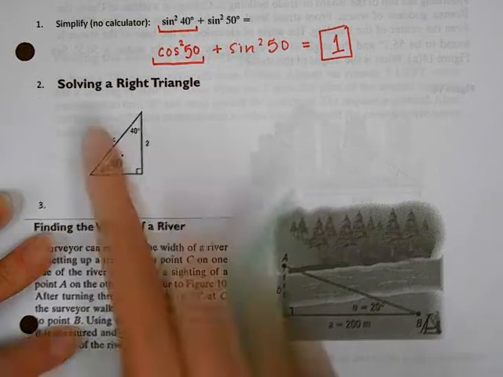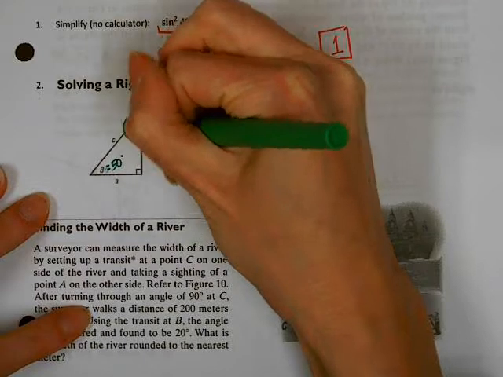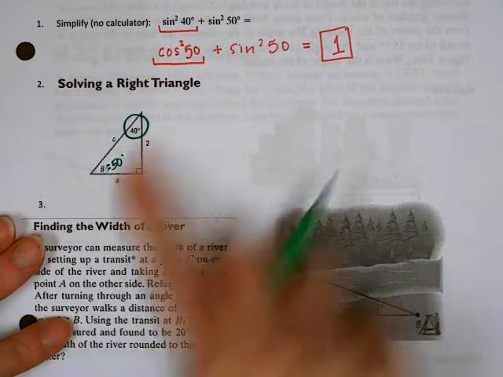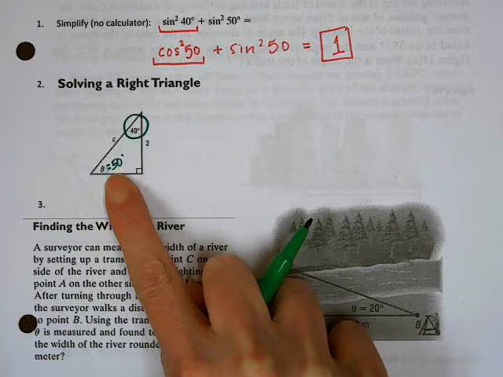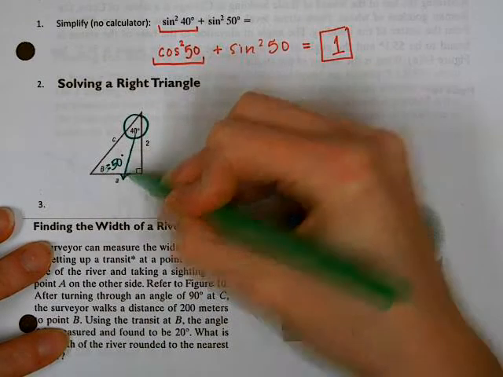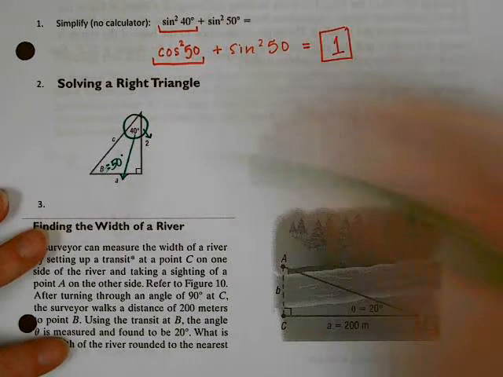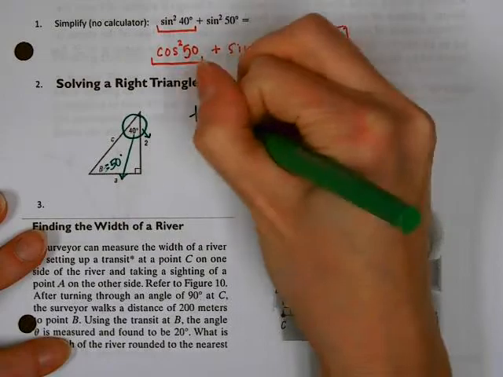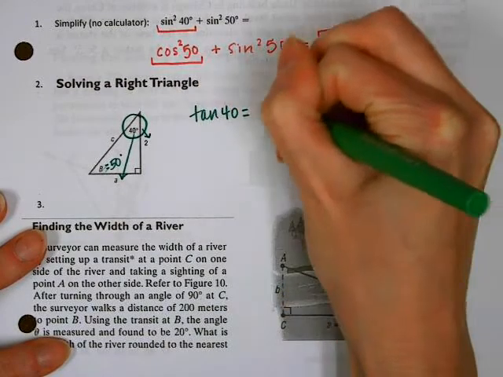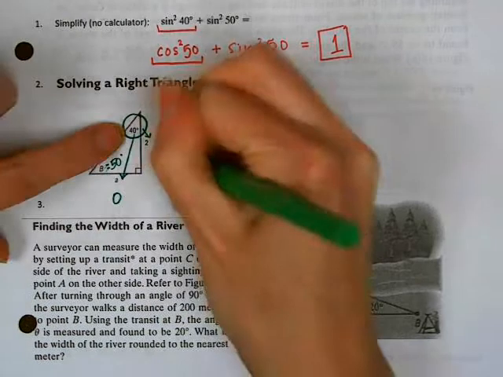Now we have to find the missing sides. Using the reference angle 40, and you could also use the reference angle 50 if you want, I have the opposite and the adjacent, so I'm going to use tan to find side A. Tan of 40 equals A over 2, because this would be opposite and this would be adjacent.